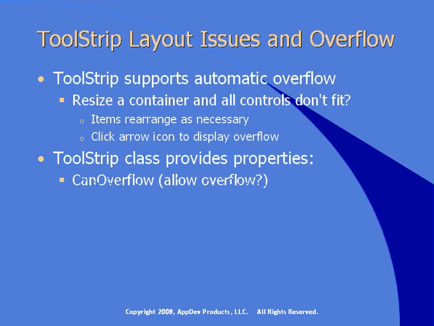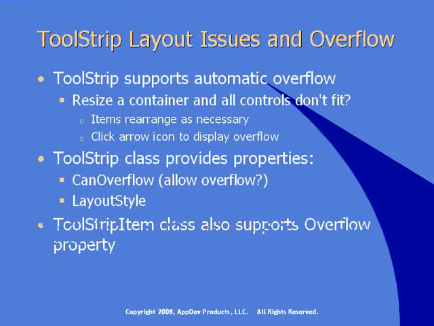There's the CanOverflow property, and that determines whether or not you allow overflow. And there's the LayoutStyle property, which determines how it lays out when it's overflowing. The ToolStripItem class also supports the Overflow property, which can be set to Never, Always, and AsNeeded. So any individual ToolStrip item can never overflow, can always overflow, or only overflow as needed.